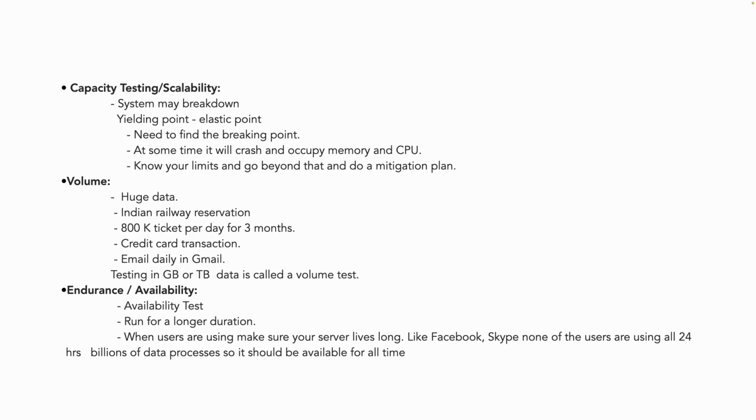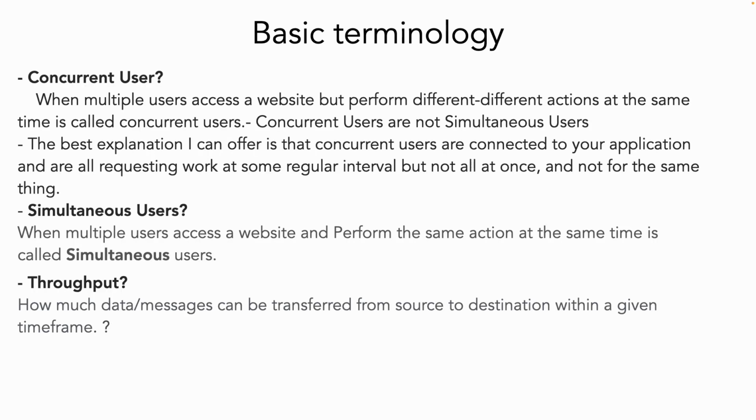The same thing we need to ensure in our applications or websites, that it is available all the time, 99.99%. So what we do here is run our load test for around 10, 12, 20, 24 hours, 1 or 2 days, and check how the system is behaving. This is endurance or availability testing.